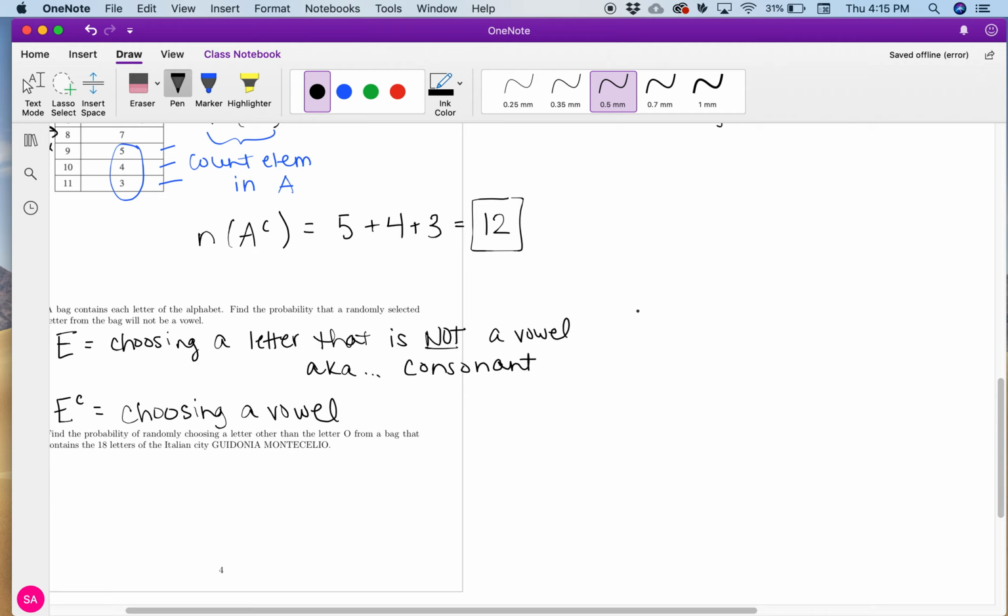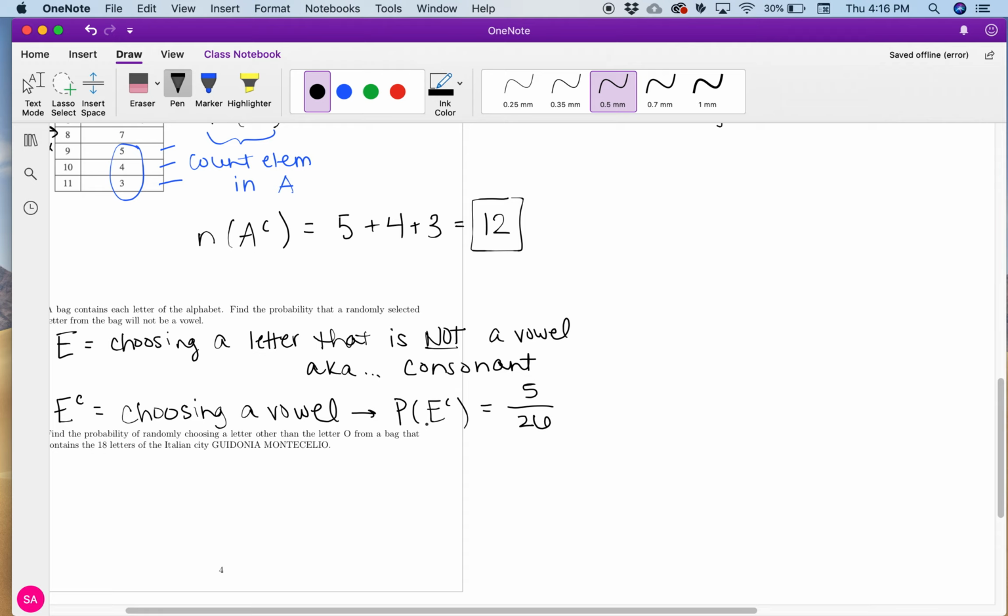So let's figure this out. What is the probability of choosing a vowel? How many vowels are in our alphabet? 5. How many letters are in our alphabet? 26. So the probability of choosing a vowel is 5 over 26. But that's not what we wanted, right? We wanted to know the probability of choosing a consonant.